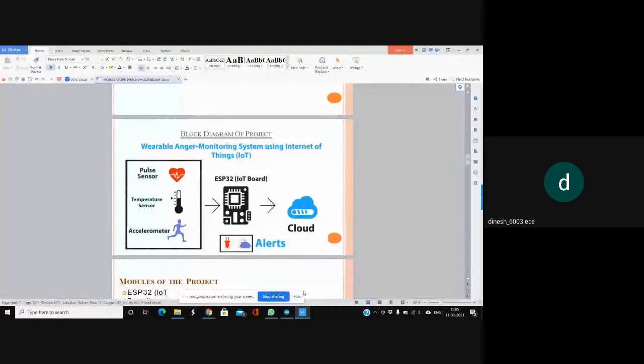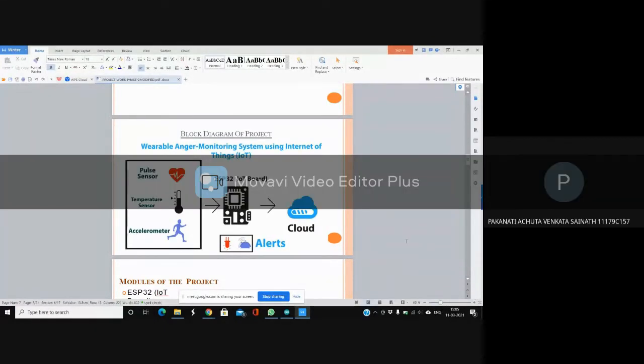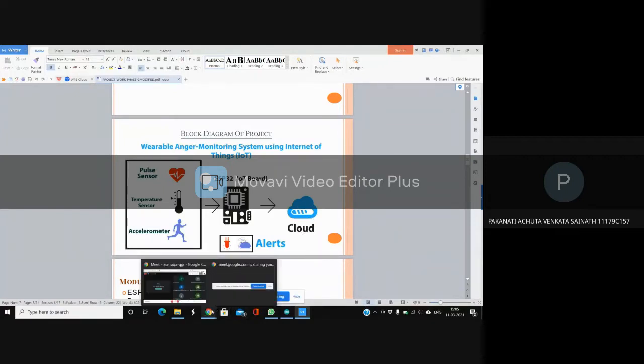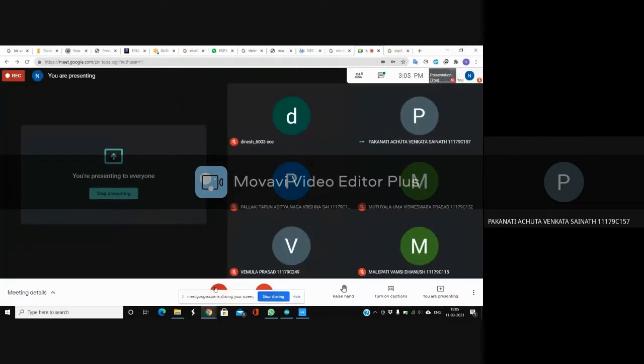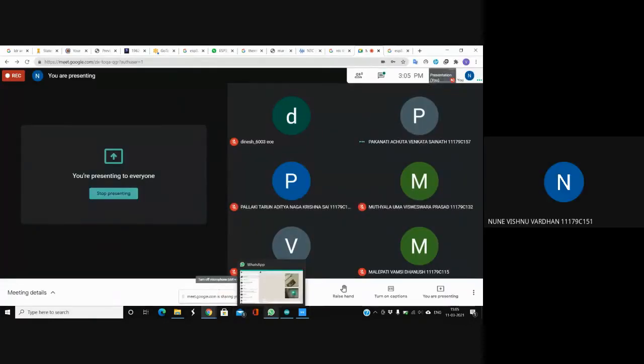The expected review here is the block diagram and the progress of the project. Hello.